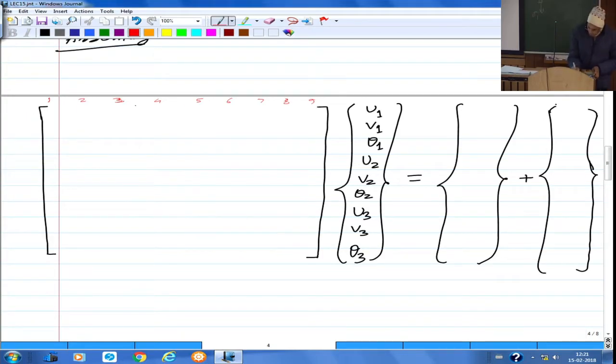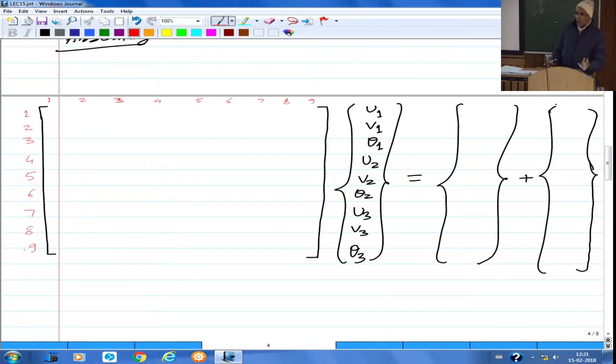Similarly the rows would be defined by these themselves, but let me write. So this is row number 1, row number 2, 3, 4, 5, 6, 7, 8 and 9. So these are 9 rows and 9 columns of the global matrix.